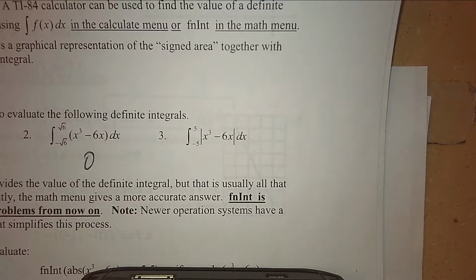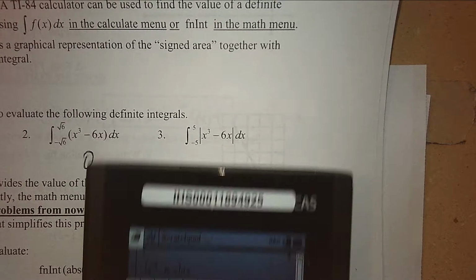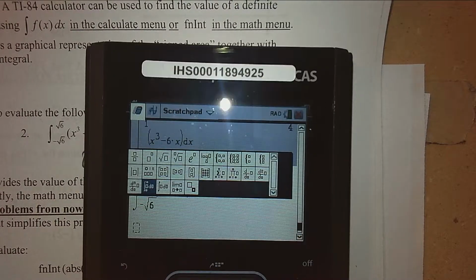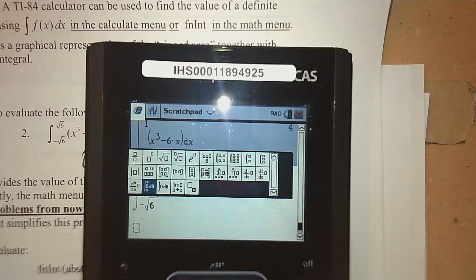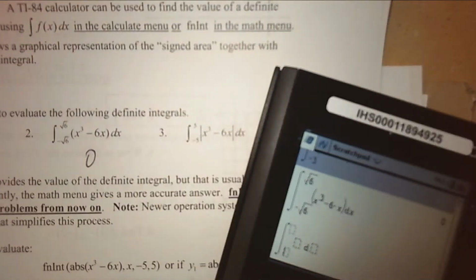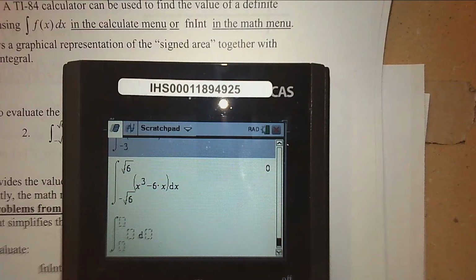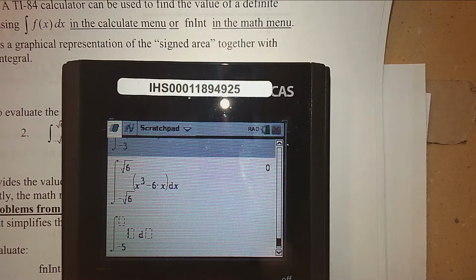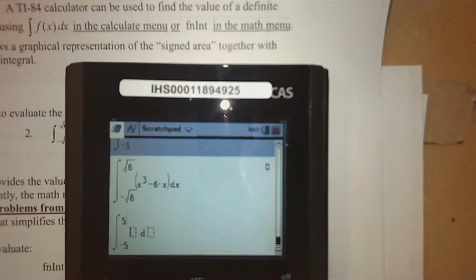All right, so I'm going to press that button. I'm going to go integration. My upper and lower bound again is -5 to 5. Inside is the absolute value.